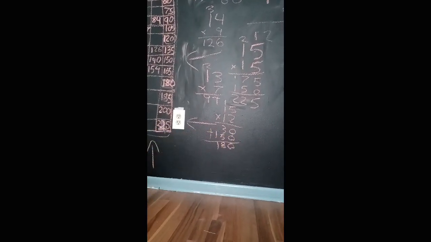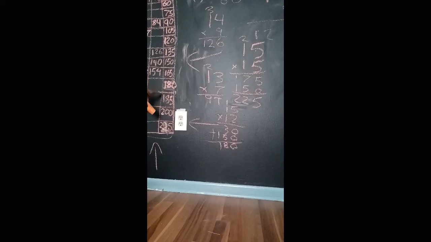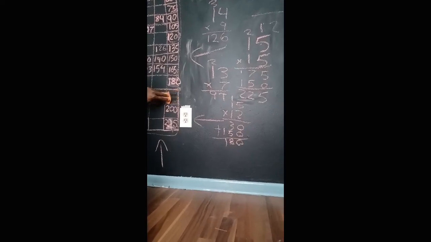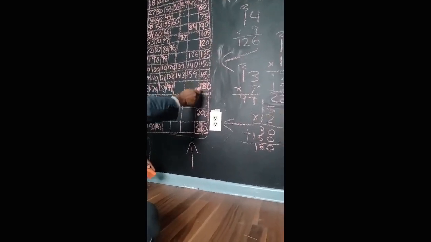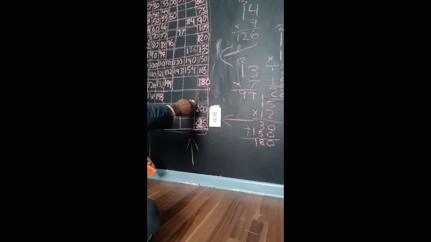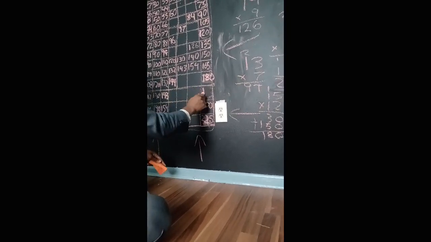Okay? That's 180. Now we have 185. 180 plus 10 is 190. Add the 5, 195.